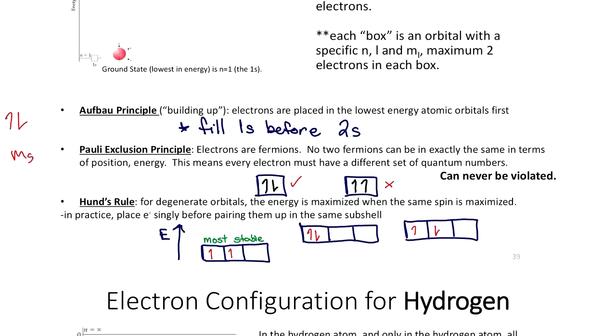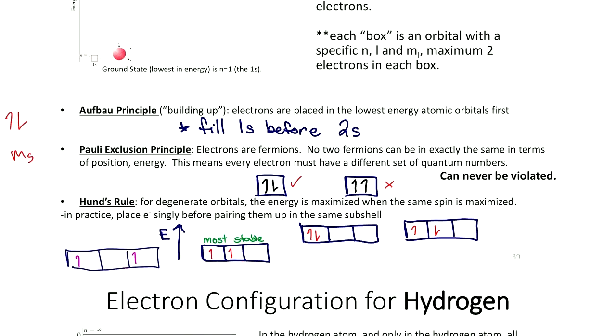Okay, let me draw a different example. Does this picture violate Hund's rule? Is that allowed? Is that stable? Yes, it is. This picture is actually at the same energy as the most stable one here.